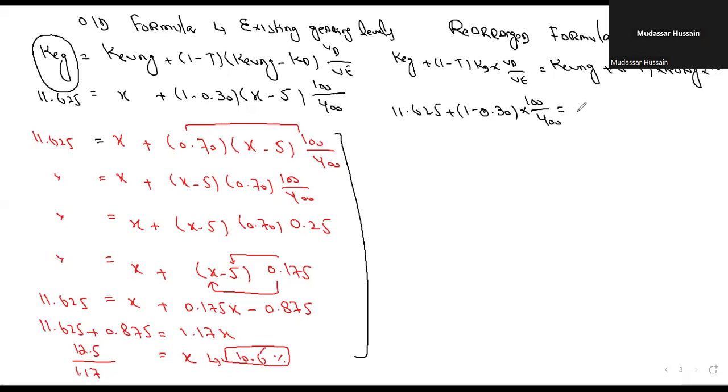The ungeared we have to find, 1 minus 0.30. Ungeared we have to find, and value of debt and the equity is 100 over 400.